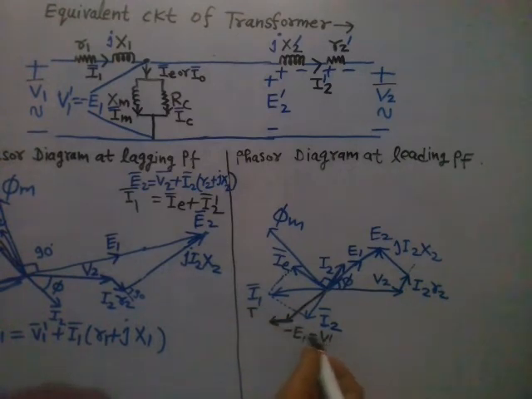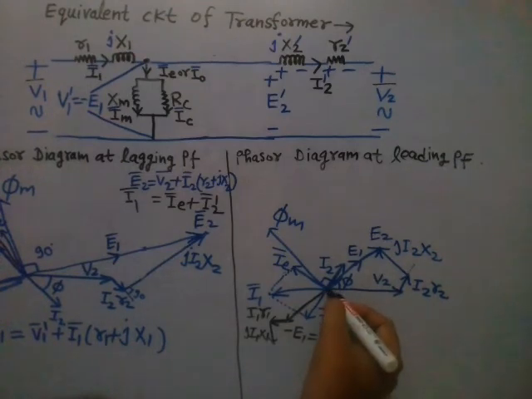I1 R1 is in phase with I1. Now at 90 degrees of this you add j I1 into X1, right?